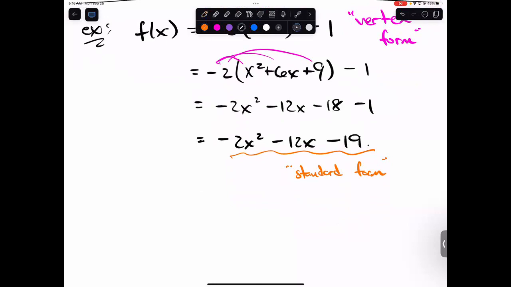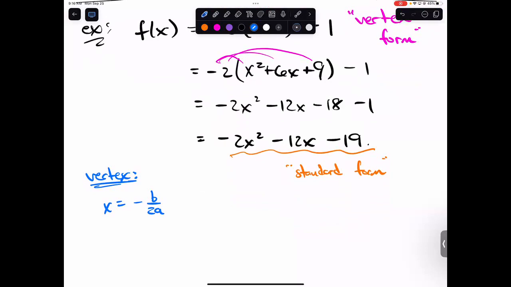To find the vertex for something that's in standard form like that, get the x coordinate by taking the opposite of b divided by 2a. This is something that I can't really justify without calculus to show where this comes from. So we'll just take this as a given formula if you want. Negative b over 2a gives you the x coordinate for the vertex.